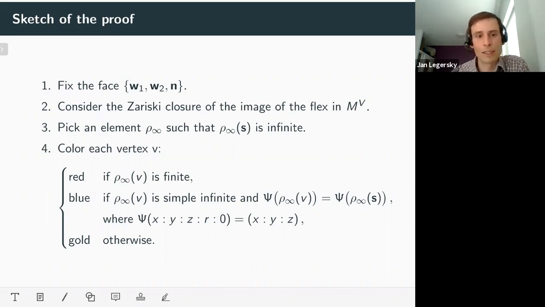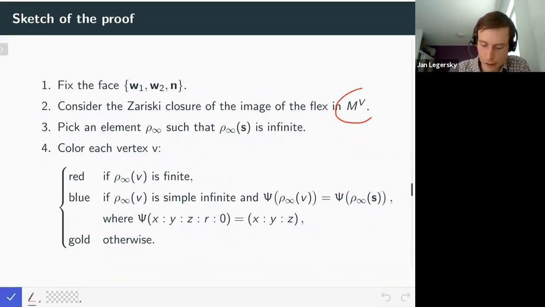We use the Möbius embedding to map the realizations, and the vertices in this flex, to our hypersurface M to the power V, because each vertex is mapped to its own copy of the hypersurface M. And now, because there are infinitely many non-congruent realizations in the flex, this Legerský closure is at least one-dimensional, because there are infinitely many elements in the closure.